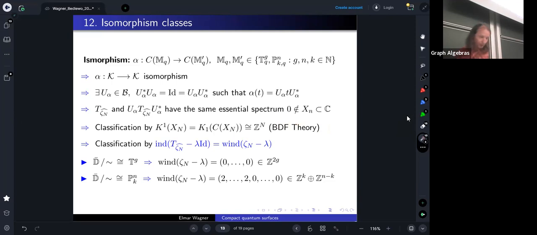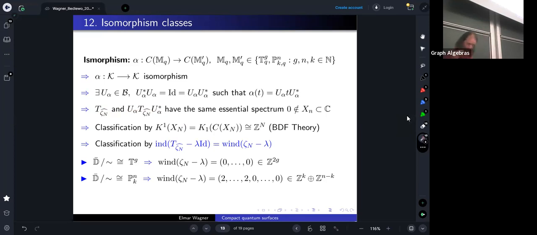And it's known that the classification goes by K1 of the essential spectrum. This was a very celebrated result because something from algebraic topology, the invariance of some compact set in the complex numbers, gives us information about when essentially normal operators are unitarily equivalent.